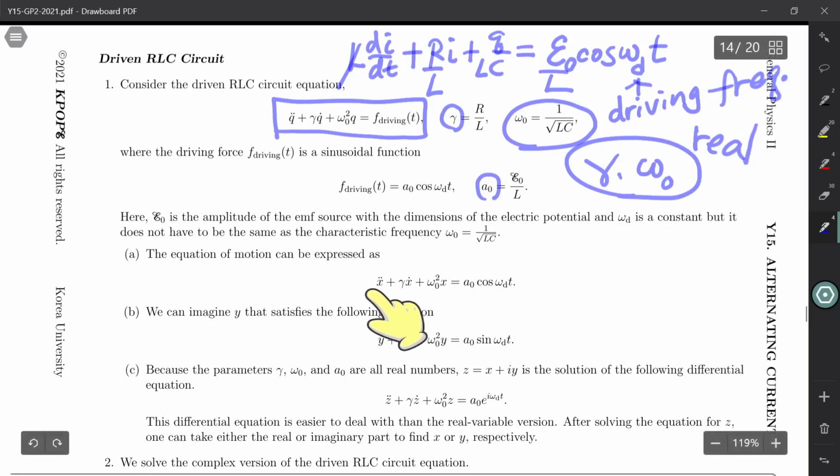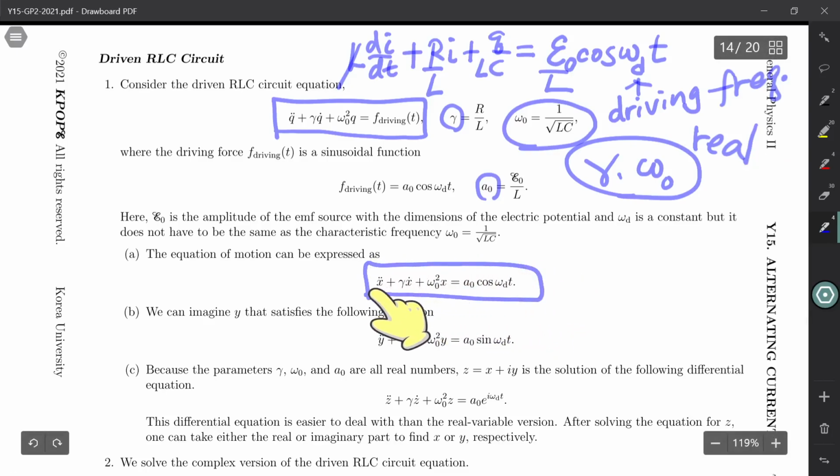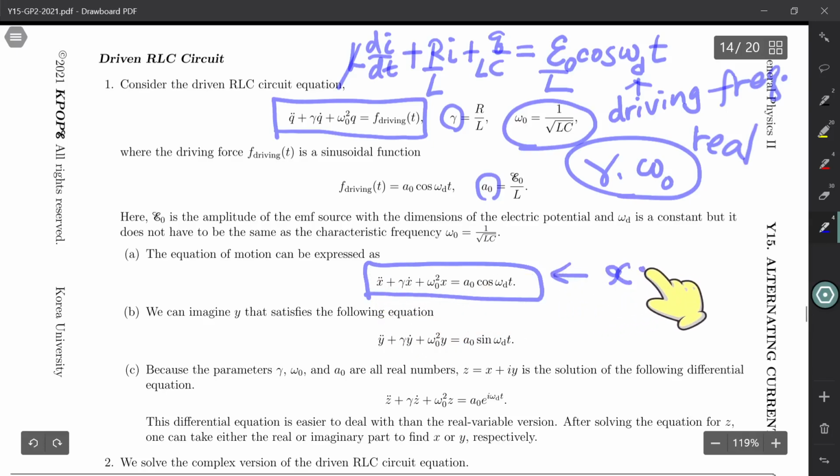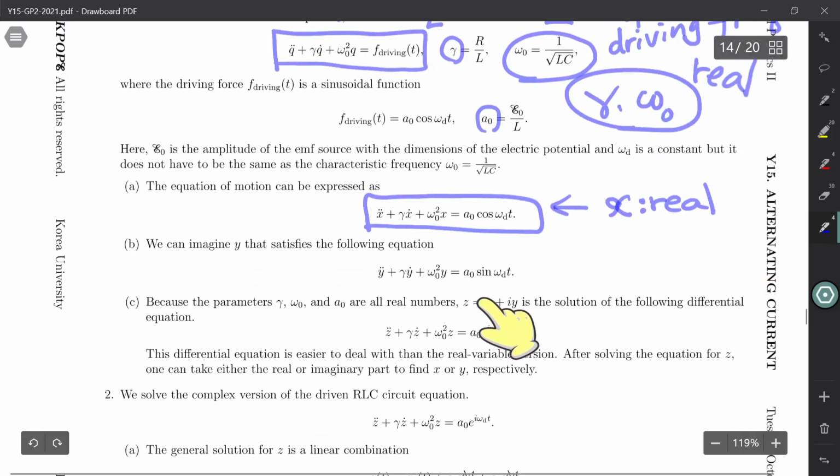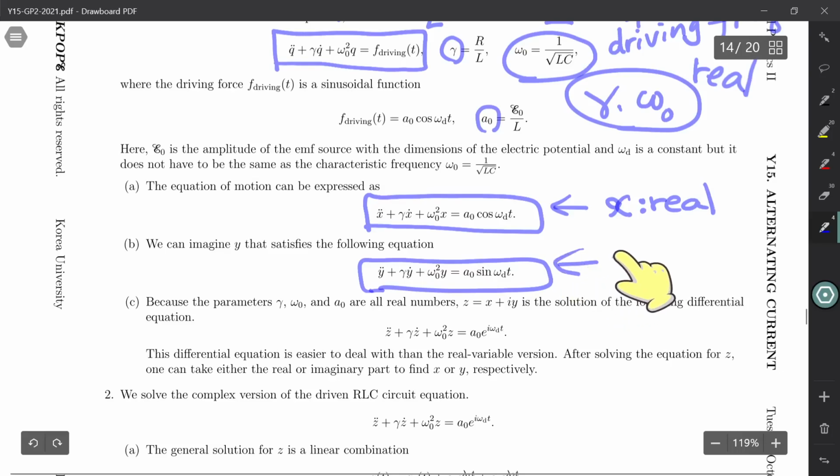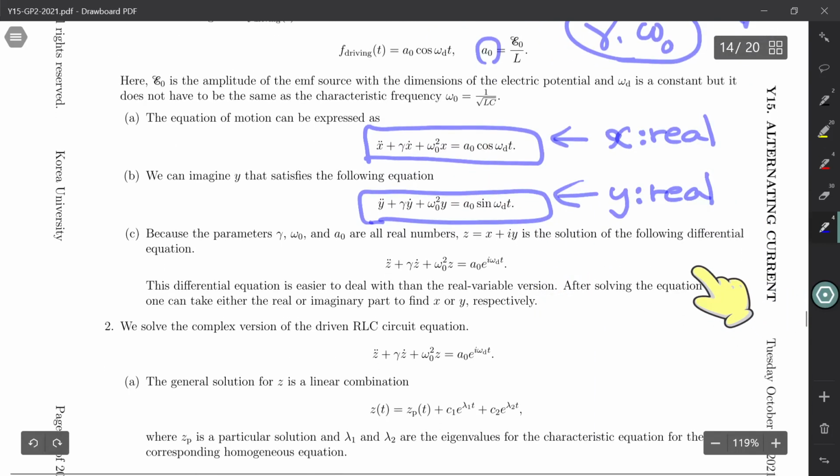Suppose that we have an equation that has x that is real, and another equation with the sine omega t instead of cosine. Again, y is real. We multiply i to the second equation and add them up.